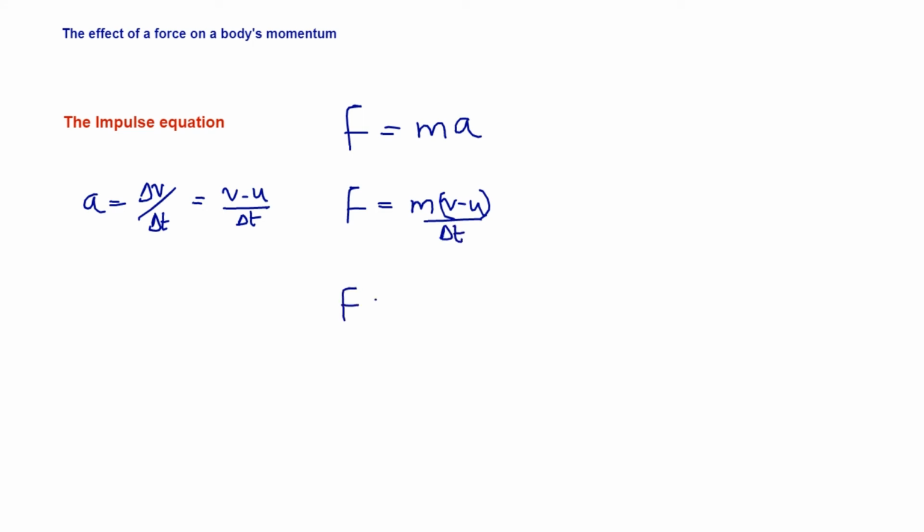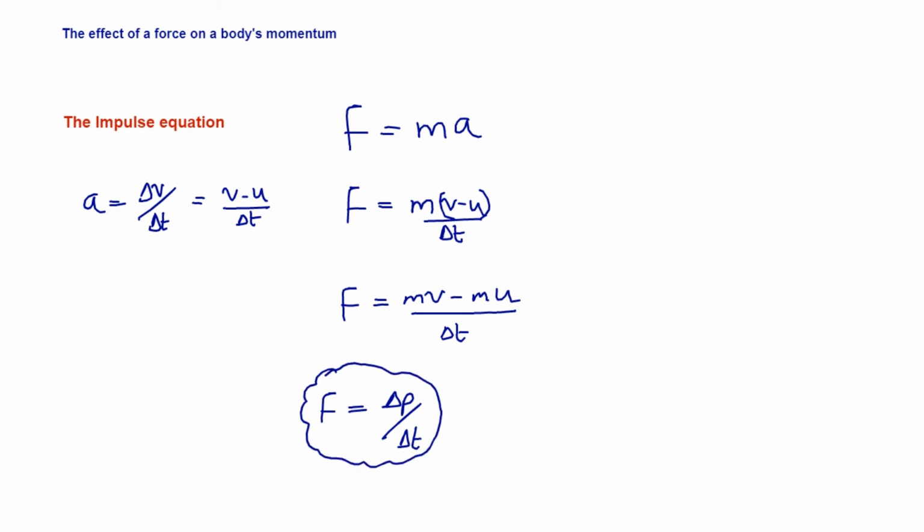If you expand the brackets, mv minus mu is the final momentum minus the initial momentum, because mass times velocity is momentum. So what we've really got there is F equals delta p by delta t. This is an alternative expression of Newton's second law.